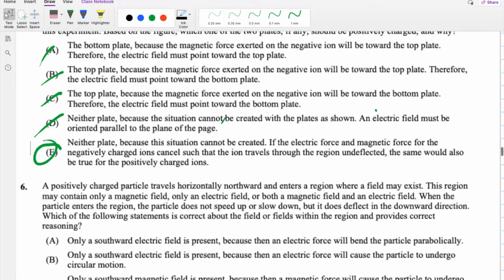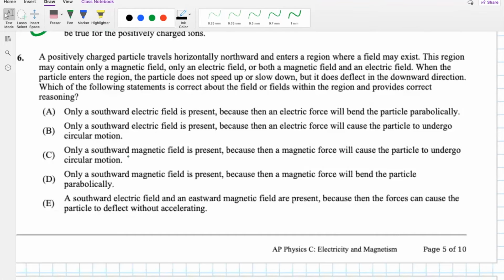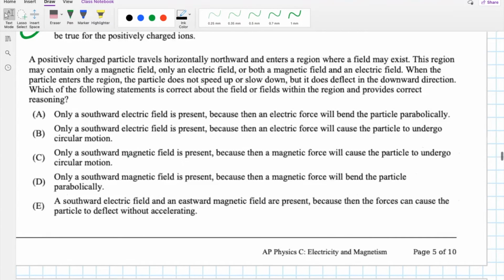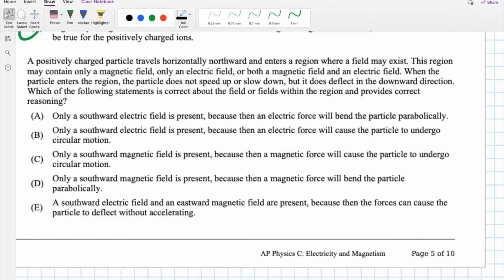Okay, 6. A positively charged particle travels horizontally northward and enters a region where a field may exist. This region may contain only a magnetic field, only an electric field, or both a magnetic and an electric field. When the particle enters the region, the particle does not speed up or slow down, but it does deflect in the downward direction.